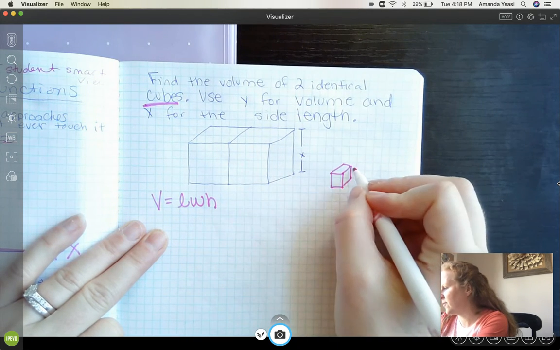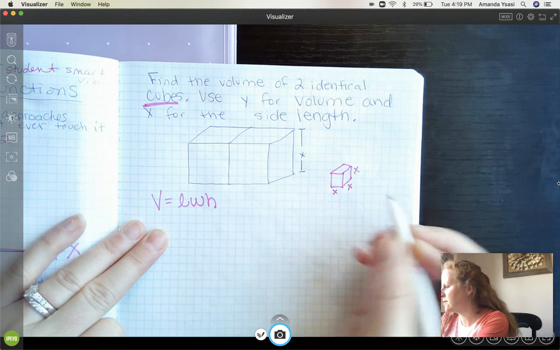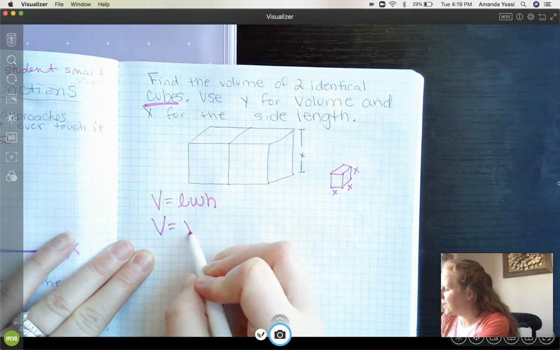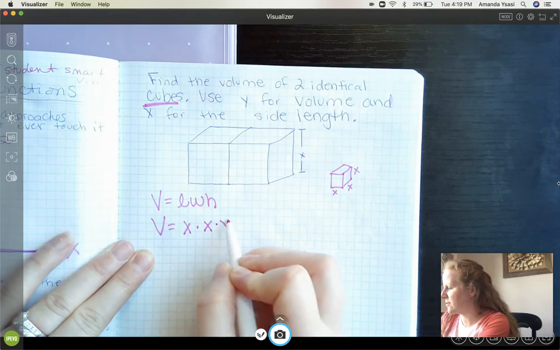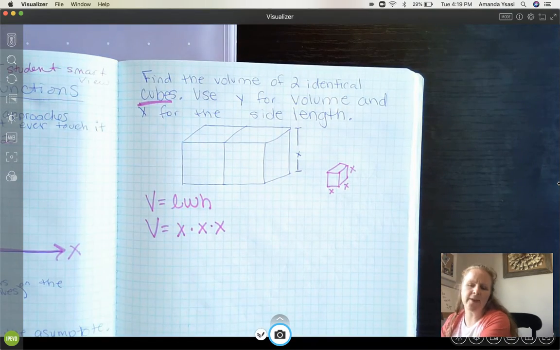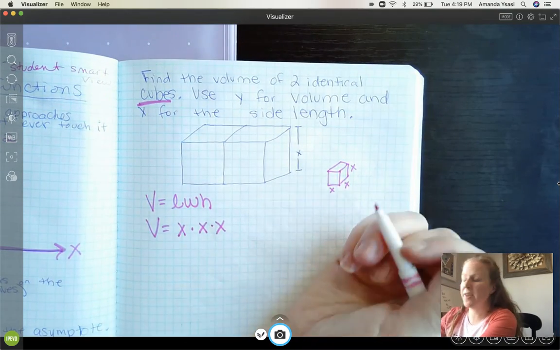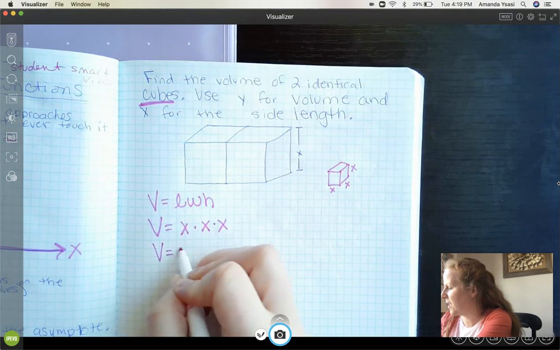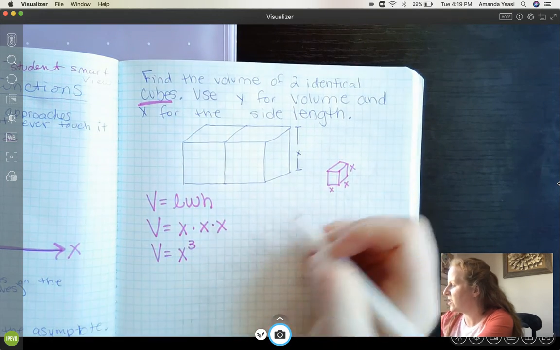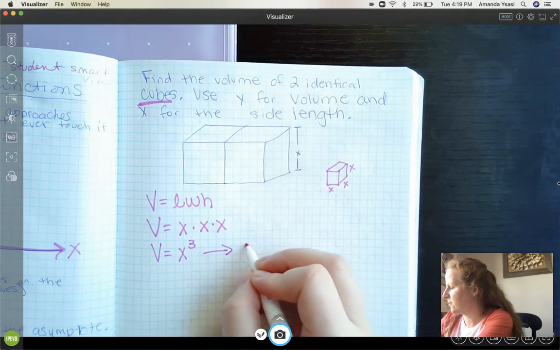They're all the same. So this is x, this is x, this is x. So volume is x times x times x. But how can we write that easier? We can write it with exponents. So volume equals x to the third power. So that's what 1 cube is.